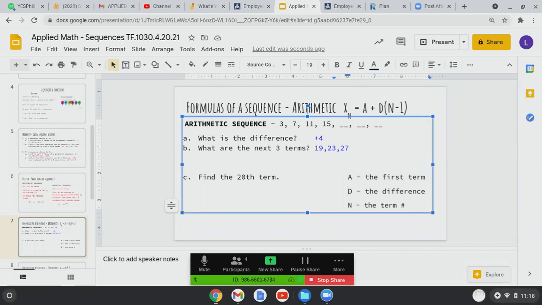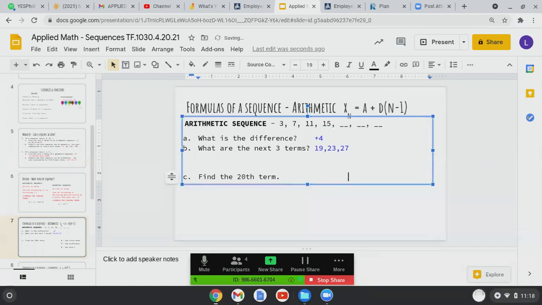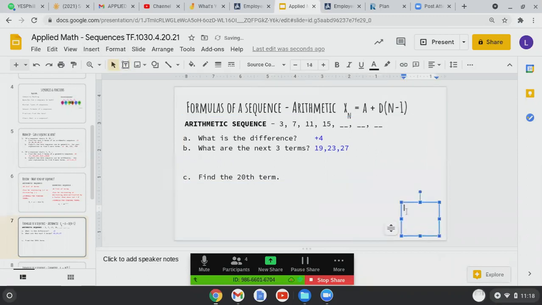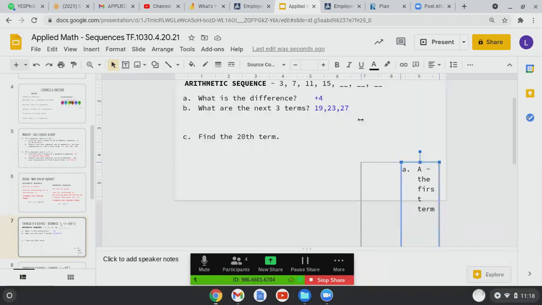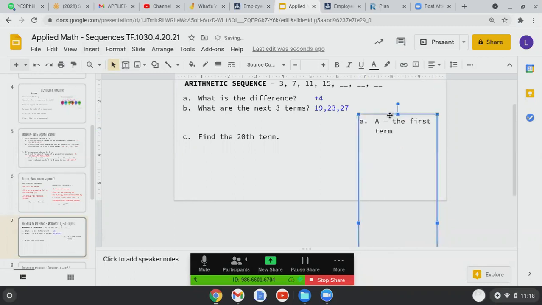Let me vacuum up. How about this? Take all of this out. Now we are going to move this text box up.